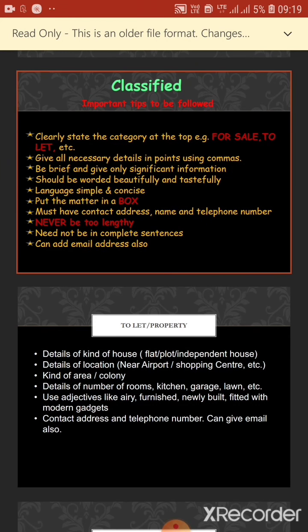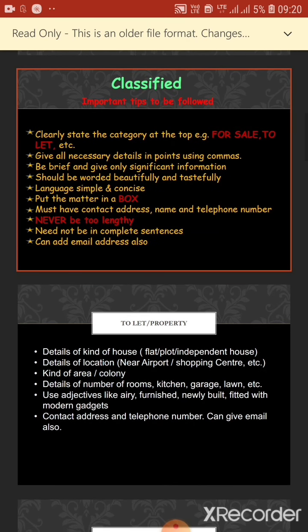So we must avoid writing full sentences and use phrases only for writing the classified advertisement.